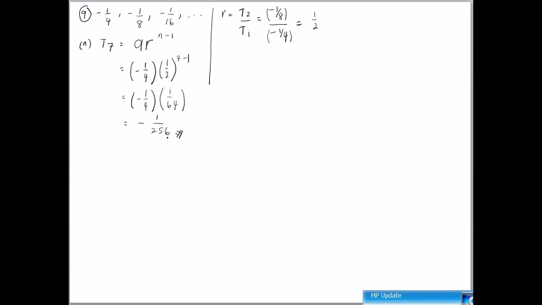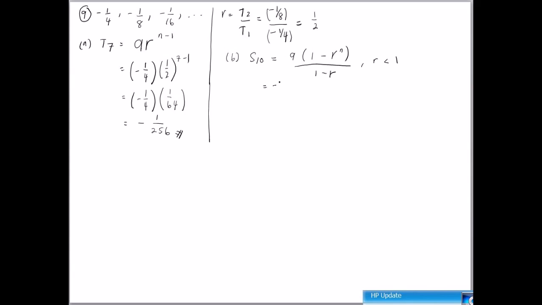9b, we want to find the sum of the first 10 terms of the sequence, S10. Okay, R is 1 over 2, which is less than 1. So the formula that we will use is a times 1 minus R power n over 1 minus R. This formula is for when R is less than 1. 1 over 2 is less than 1.